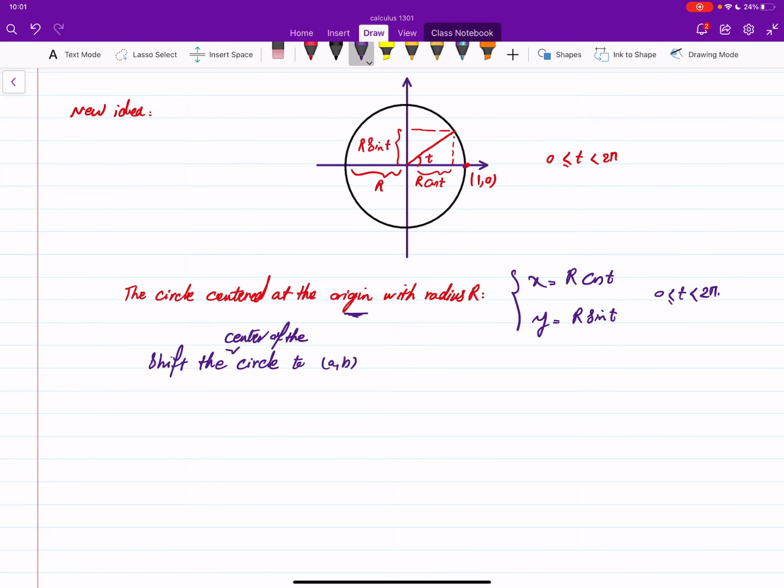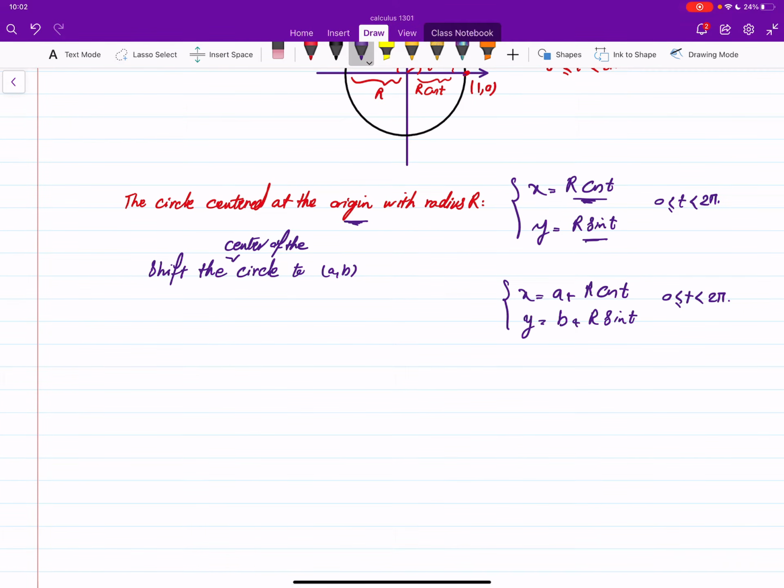This will be done by adding a to the x coordinate. So x equals a plus r cosine t, and then y equals b plus r sine t. Again, t goes from 0 to 2 pi.